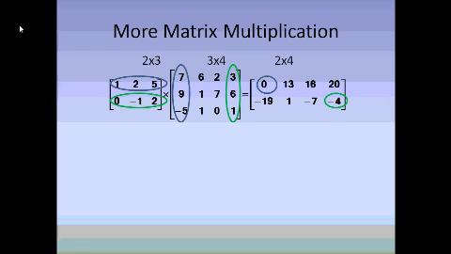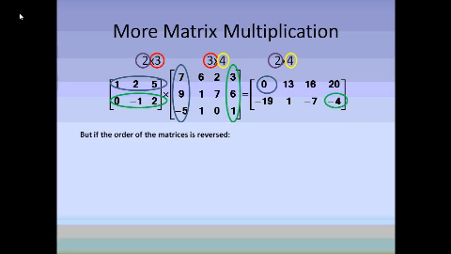Note that this multiplication could be performed because the number of columns of the first matrix equals the number of rows of the second matrix. Also notice that the number of rows of the final matrix is equal to the number of rows of the first matrix, and the number of columns of the final matrix is equal to the number of columns of the second matrix.